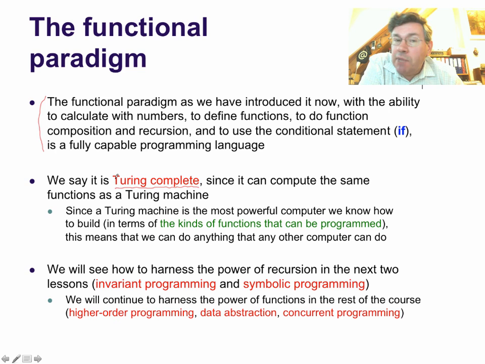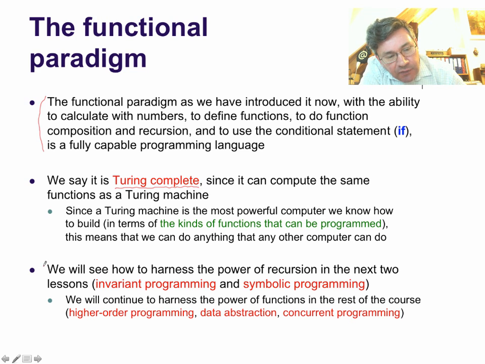A Turing machine is a particular, very simple kind of computer defined by Alan Turing in the 1930s. And it's important because it can calculate all the functions that we know how to calculate using computer programs. So our functional language is now as powerful as a Turing machine.